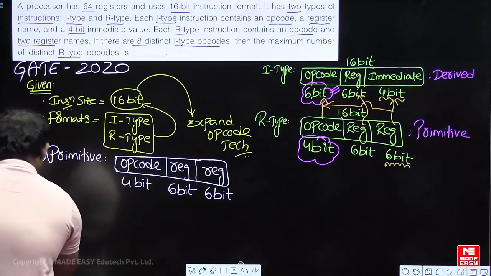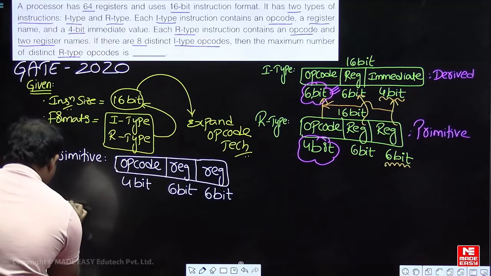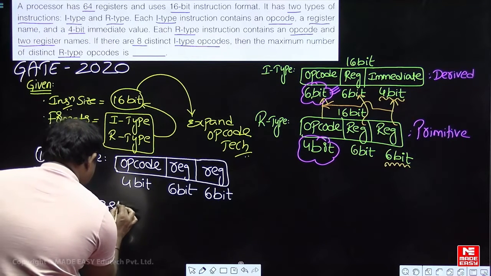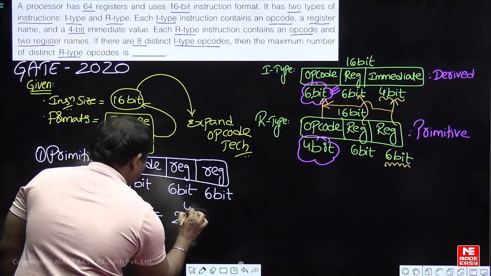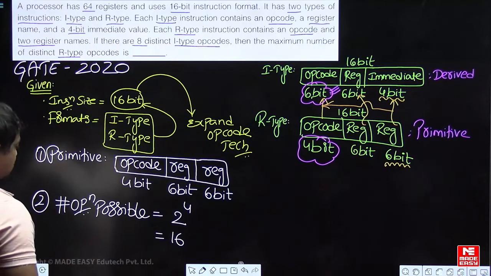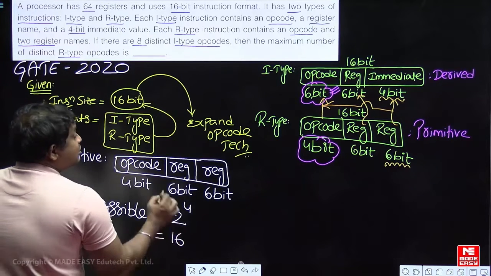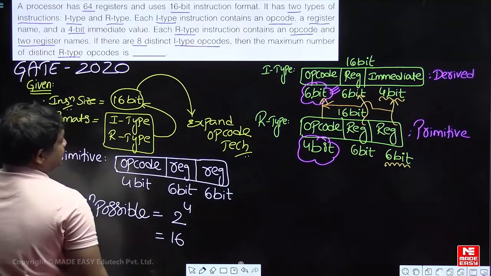Next, second: the number of operations possible is 2 power opcode, 2 power 4, that is 16. So 16 R-type instructions are possible.